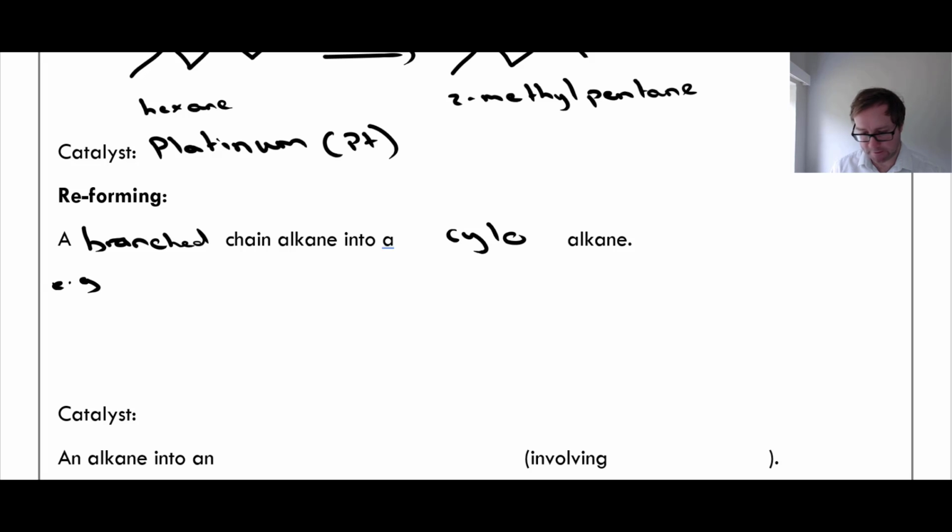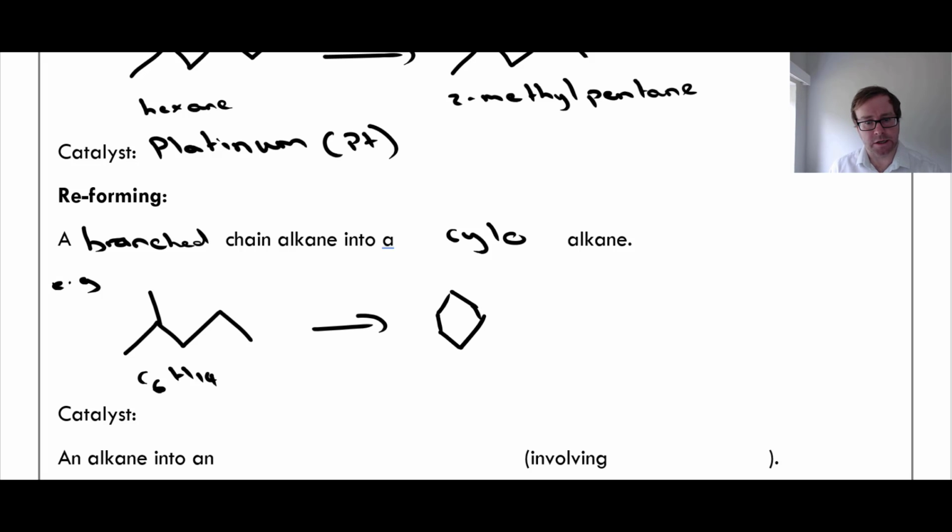E.g., let's take my 2-methyl pentane, and we said we need to turn it into a cycloalkane. So we have C6H14. So I need to turn it into cyclohexane.